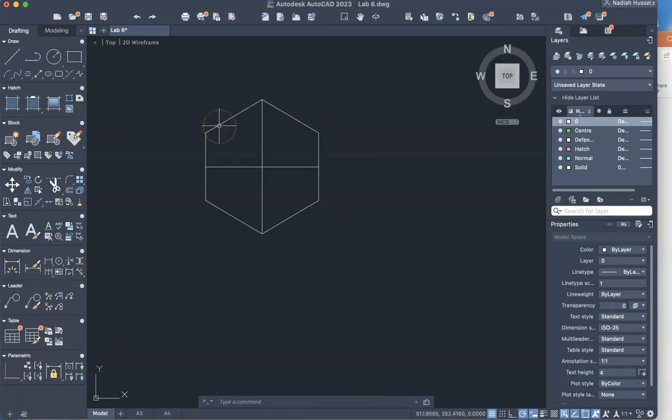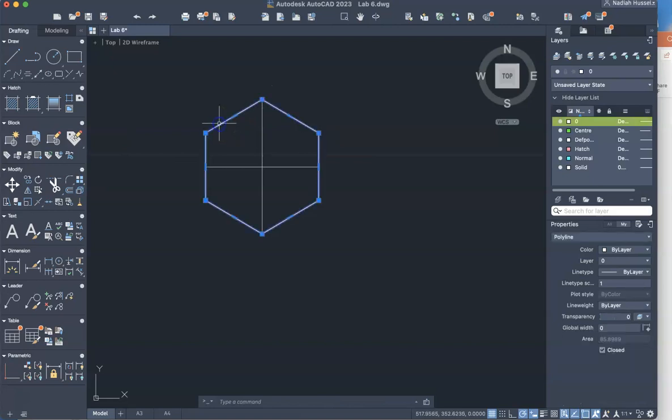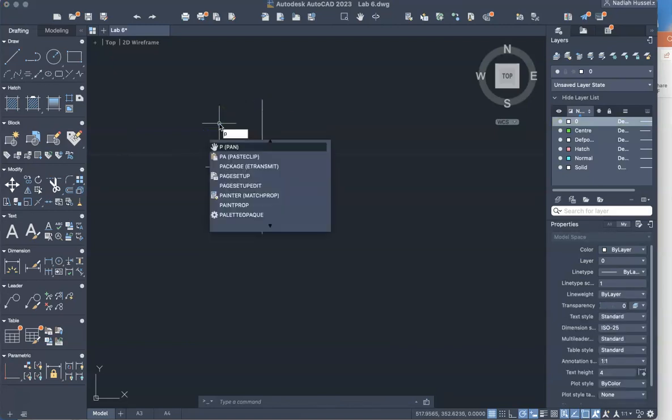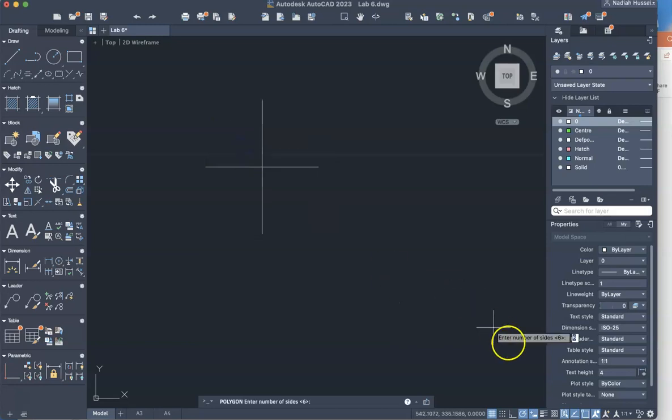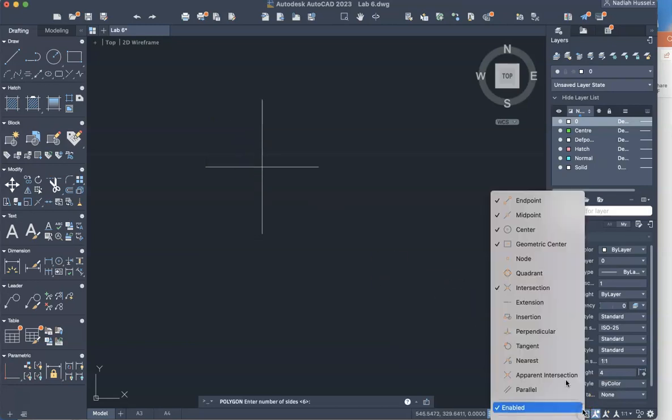So I'm going to remove this. Escape. Try again. So basically you want them to snap. Okay, let's try to utilize this. What should we use? Let's try to use perpendicular, that is not it.